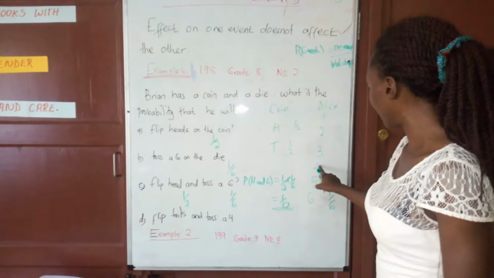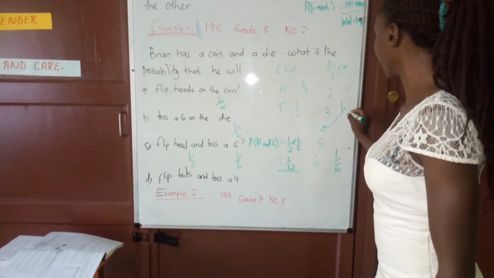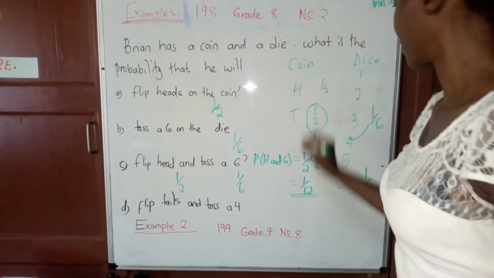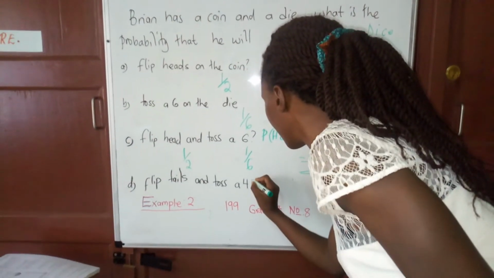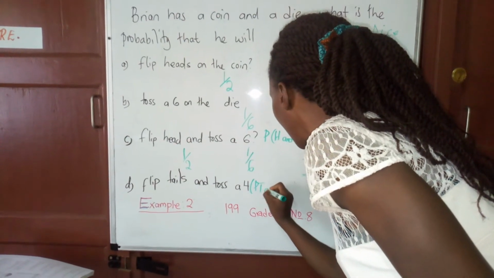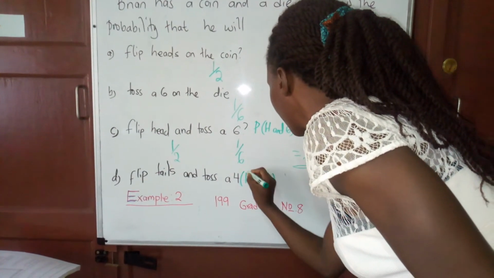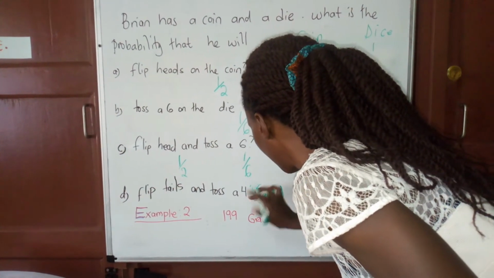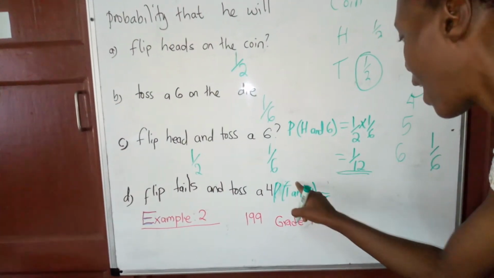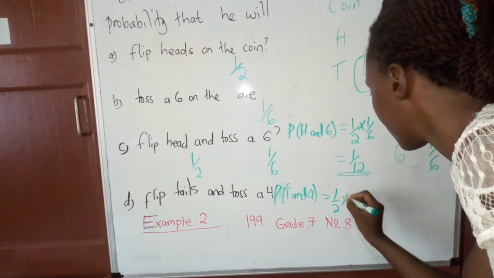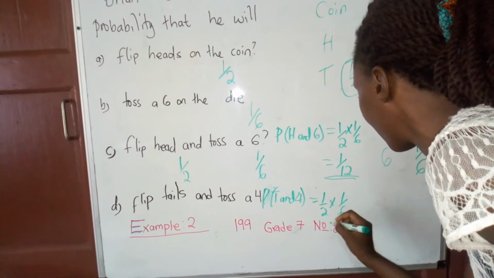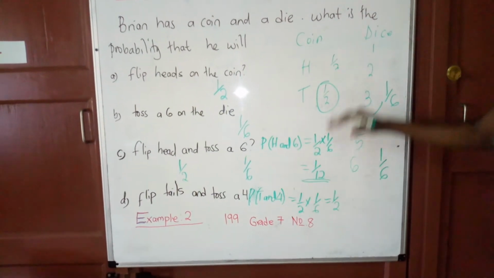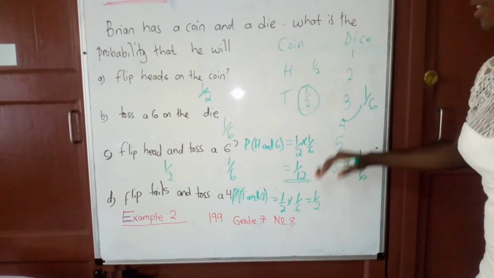For you to get a 4, it is 1/6. And for tails, it is a half. So you will have your probability P(tail and 4), giving you a half for the tail times 1/6 for the 4, which is again 1/12. So this is one way of doing this for independent events.